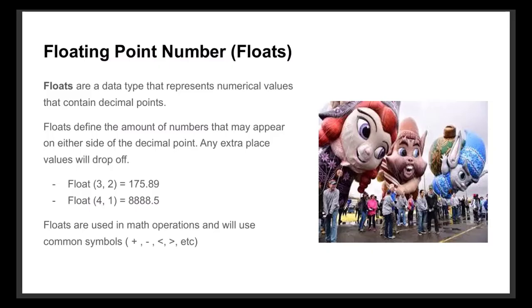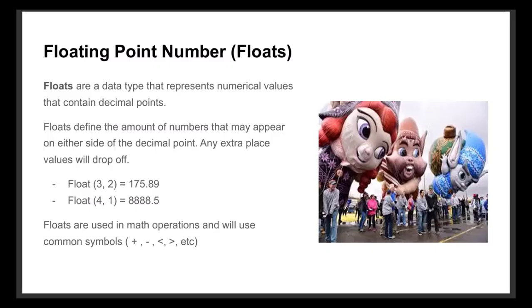So for example, if we create a float and then inside of a set of parentheses, we create a value of 2, 2. What this means is that we will be able to display numerical value for 2 places both to the left and the right of the decimal.